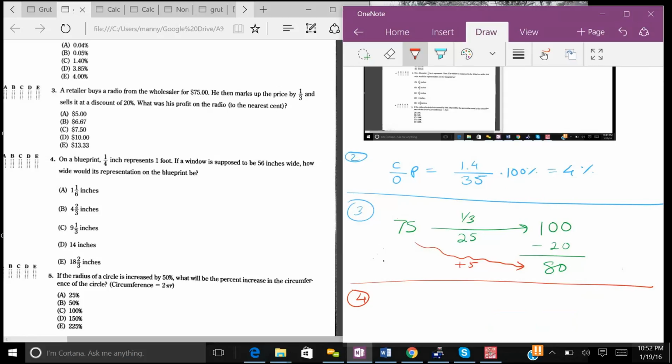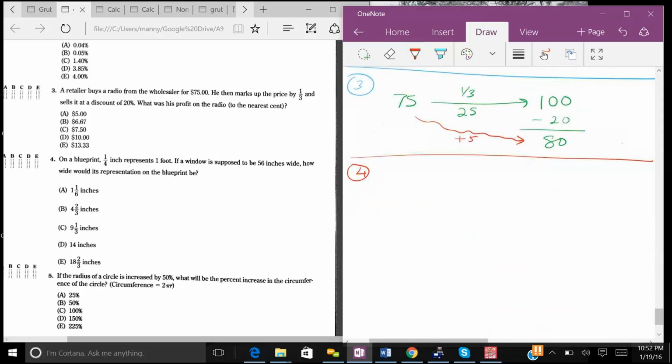Try number 4. Number 4 has a trap, and I want to show you 2 traps with cross multiplication. Go ahead and try it first.